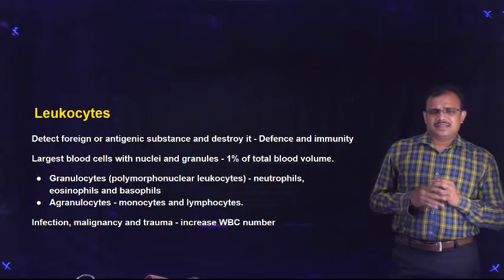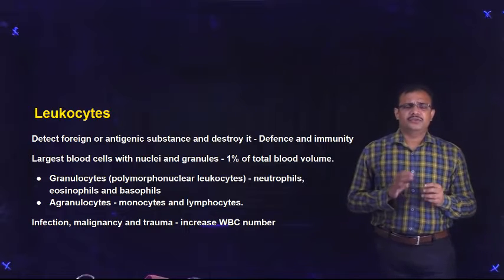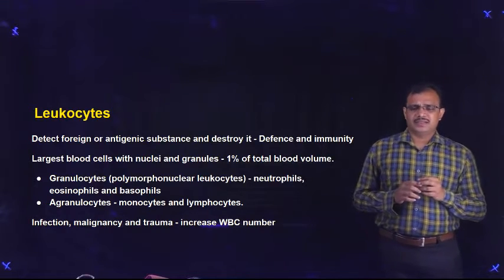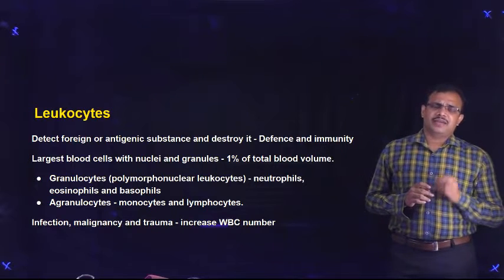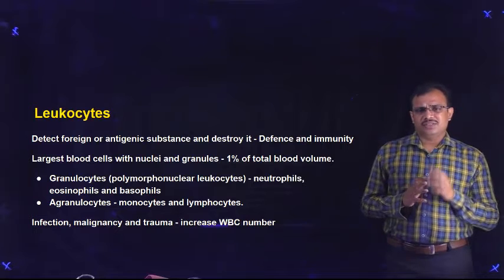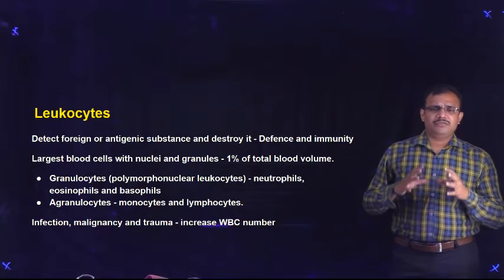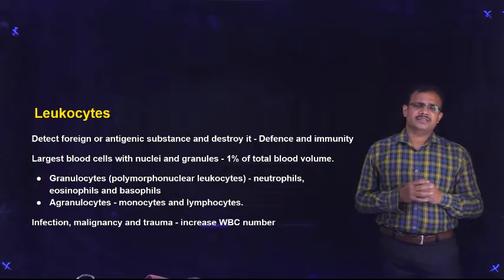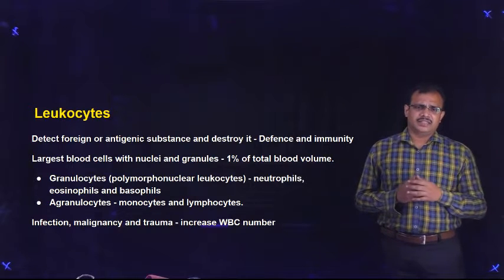Examples of granulocytes are neutrophils, eosinophils, and basophils, whereas examples of agranulocytes are monocytes and lymphocytes. So this is the classification of leukocytes. They are classified into granulocytes and agranulocytes.